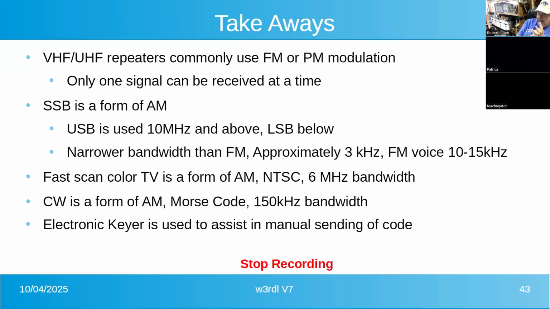Fast scan color TV is AM, sometimes called NTSC, at 6 megahertz bandwidth. CW is still amplitude modulation. You're just turning the carrier on and off. It's only approximately 150 hertz wide. And you can use an electronic keyer to manually assist in sending code. Gets the spacing right and the length.